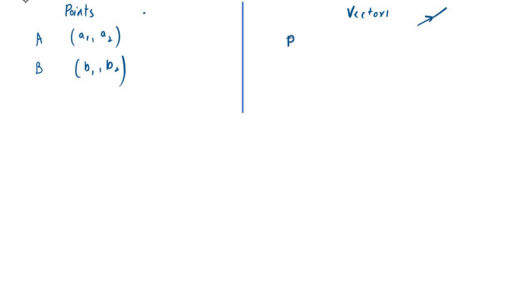If P is a vector, it's denoted by these pointy brackets, and you can write it as P1, P2. That would be a vector P1, P2, just like points are denoted by two values in two dimensions. Vectors are denoted by two scalar values in two dimensions.